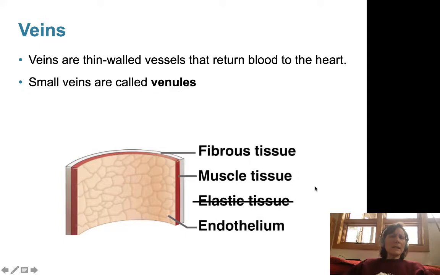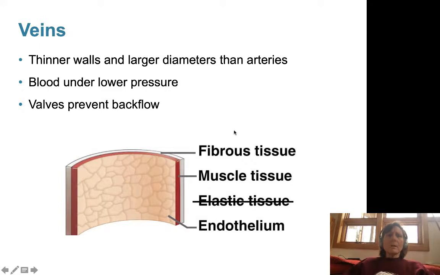So these are vessels that aren't as elastic or as tough as arteries. So they have thinner walls and larger diameters than arteries. Once again, blood is under lower pressure. With arteries, the pressure coming from the heart is intense enough to keep that blood flowing in that one-way direction where it needs to go.